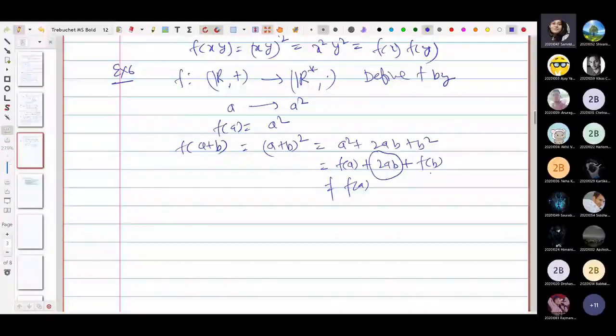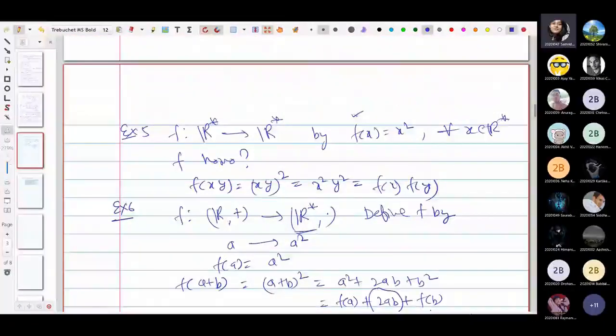This is not going to be equal because R star is a group under multiplication, so this is not going to equal f(a) times f(b). Okay, so we are getting something else here. If one definition makes f a homomorphism for some group, the same definition may not make that particular function a homomorphism on another set of groups. Okay, so these are the things.